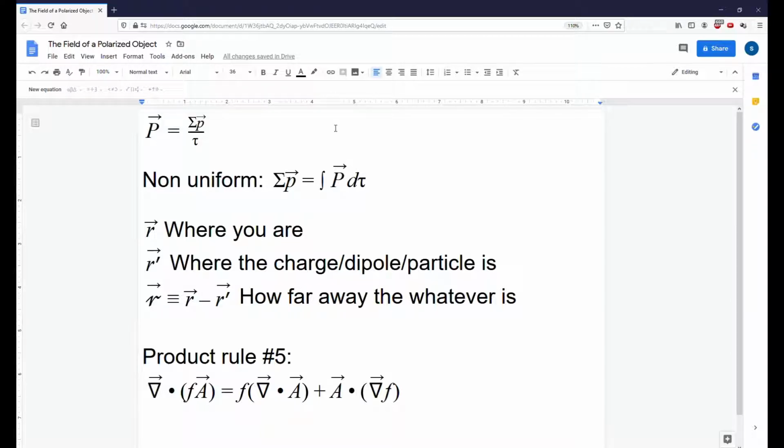However, dipole moment per unit volume might not be uniform, and the equations we use might depend on position. So a more precise definition is that the sum of all dipole moments is equal to the integral of dipole moment per unit volume with respect to volume.